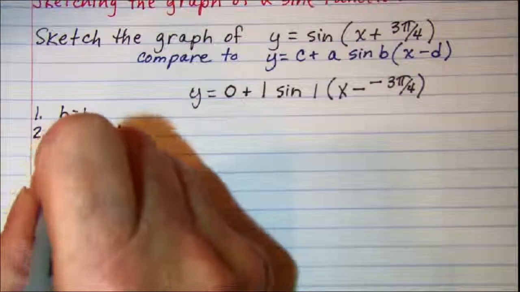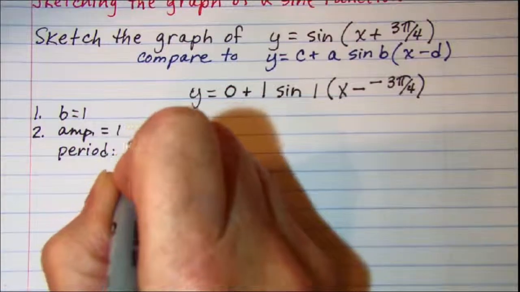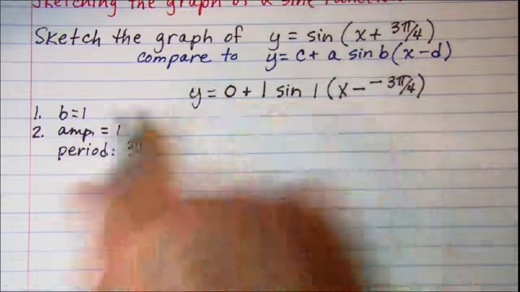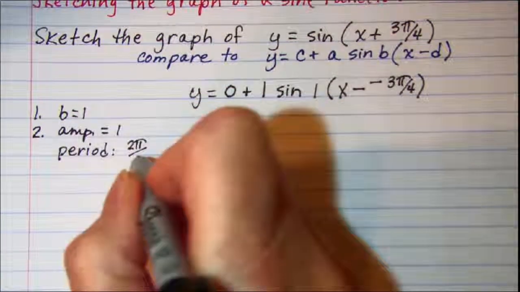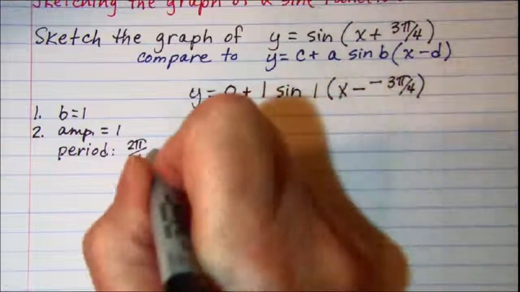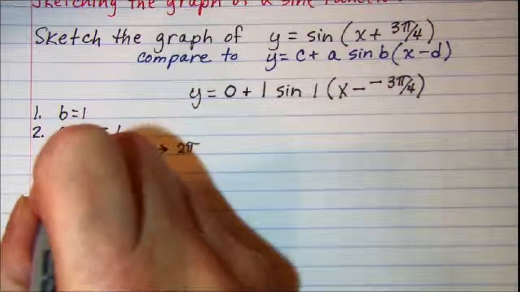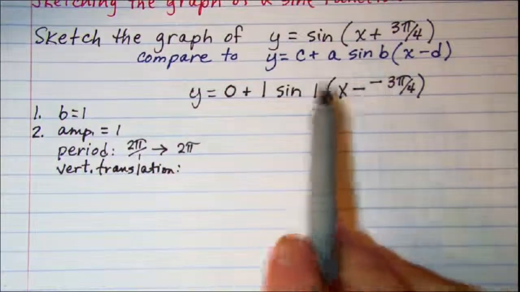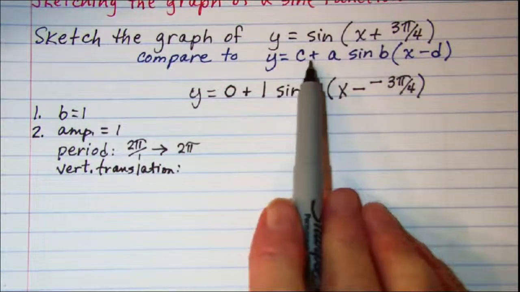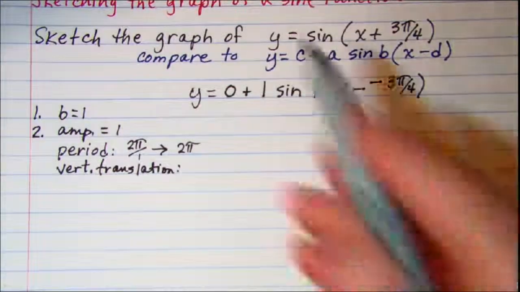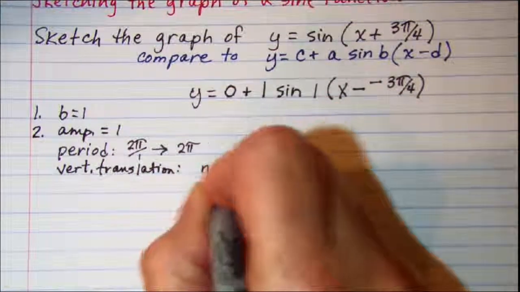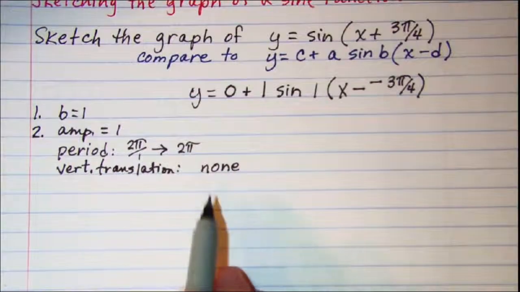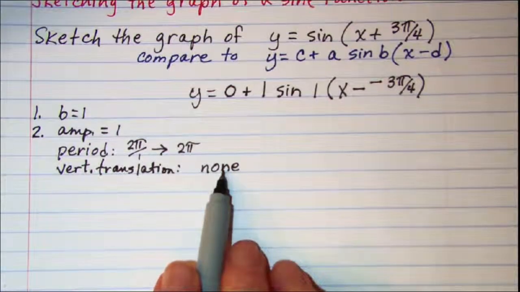My period is found with 2 pi over b, and we know that b is 1, so my period is 2 pi. My vertical translation is the c value, and again c is 0, so none, which means my center line is at the axis.